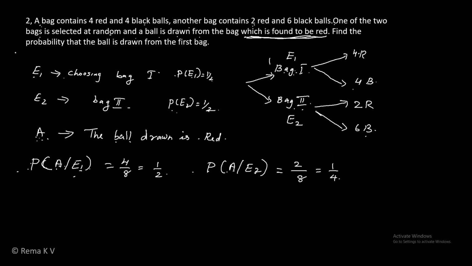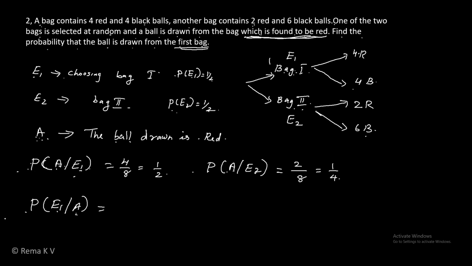Okay, now the last part of the question is to find the probability that the ball is drawn from the first bag. That is, we have to find probability of first bag. Probability of getting first bag is E1 given the ball is red. So you have to find probability of choosing the first bag when we know that the ball drawn is red.